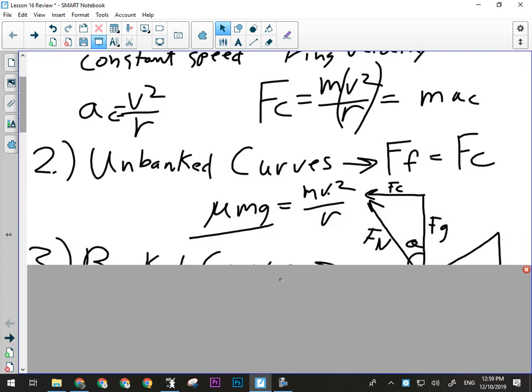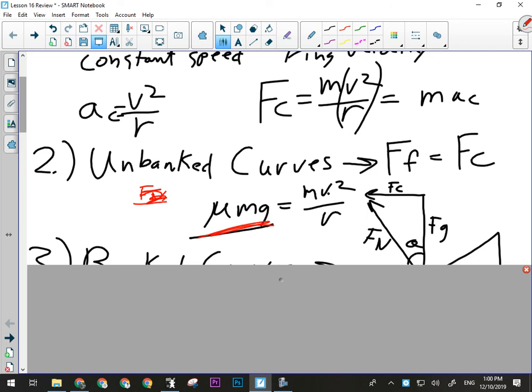Okay, so we have things like mu times mg. So this is the force of friction right here, mu mg, and we're using mg here because normal force and the force of gravity on an unbanked surface are not zero, no, they're the same.